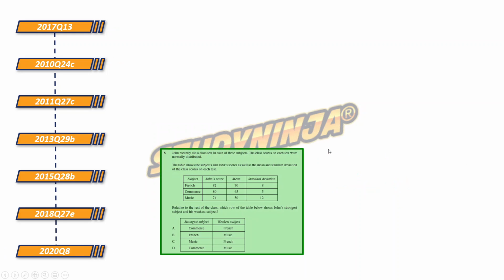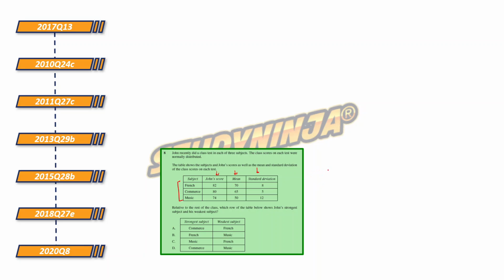Okay, last one, 2020 question 8. So this came in the recent exam. Here you are given John's scores for 3 different subjects, the mean and the standard deviation of all those scores, and you're being asked which one is the strongest subject, which one is the weakest subject. It's nowhere asking you about the Z score, but again it comes down to that application which I've been stressing over and over.